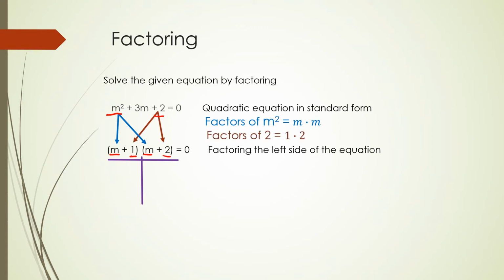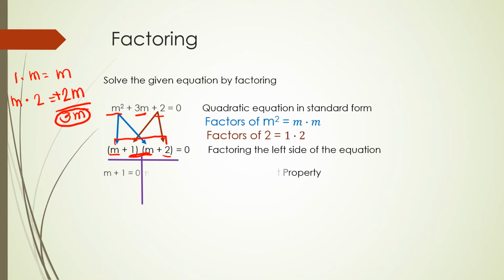Now, you need to multiply the outside and inside, which is 1 times m is equal to m. And the outside, etong dalawa, you have m times 2 is equal to 2m. Then, add nyo siya. So, it will become 3m. So, yung lumabas dito, which is 3m, siya yung middle term. Okay? It means that, tama yung pag-factors nyo doon kay first and last term.